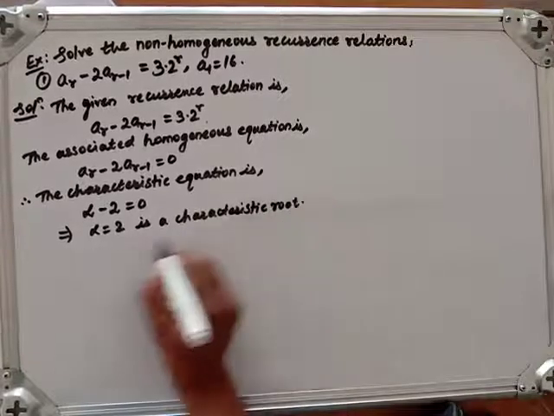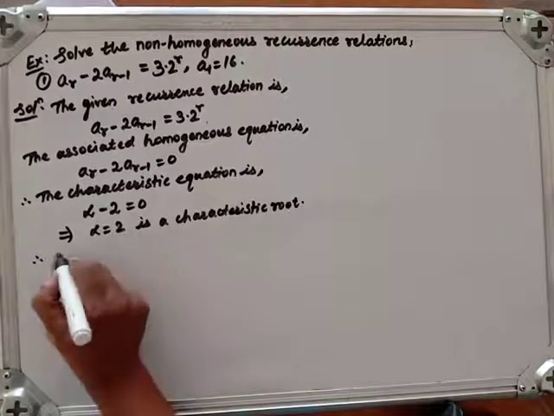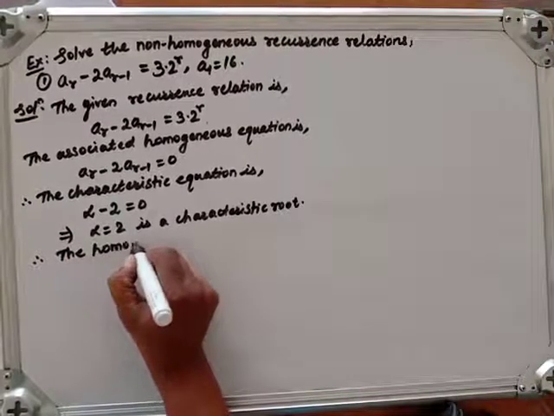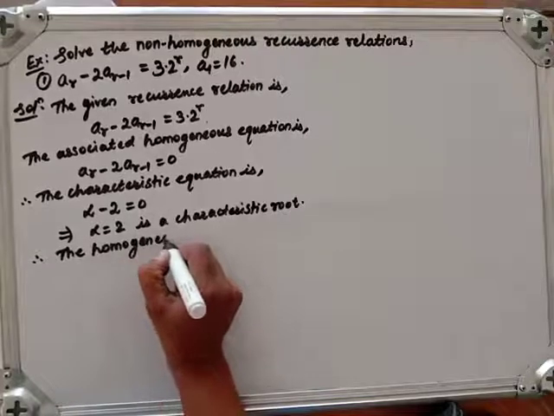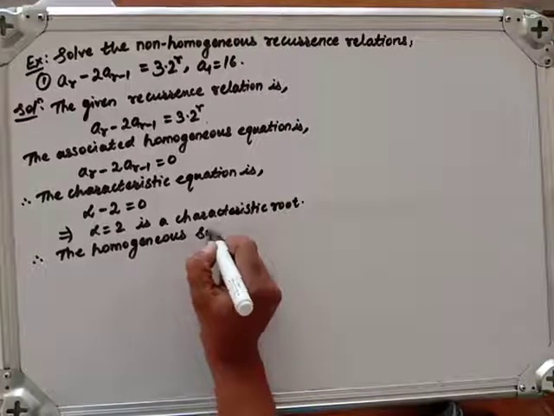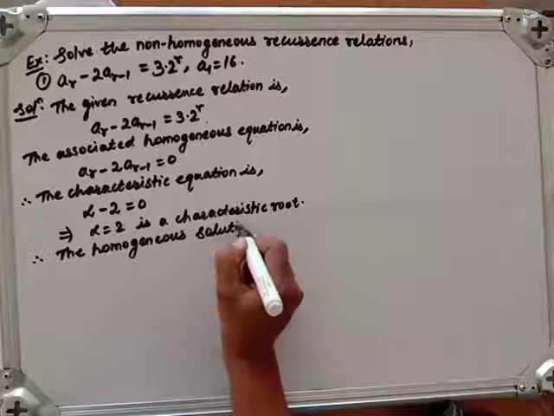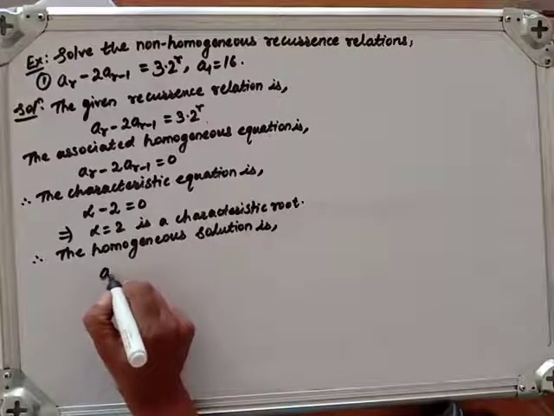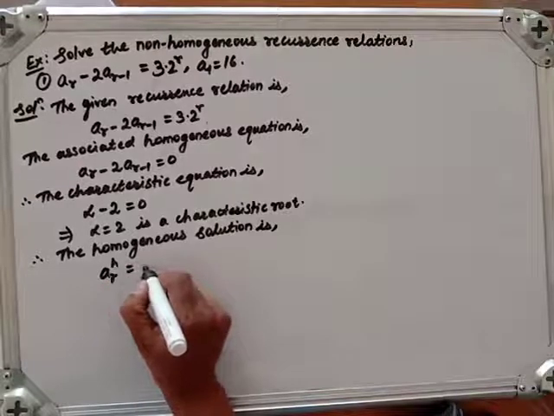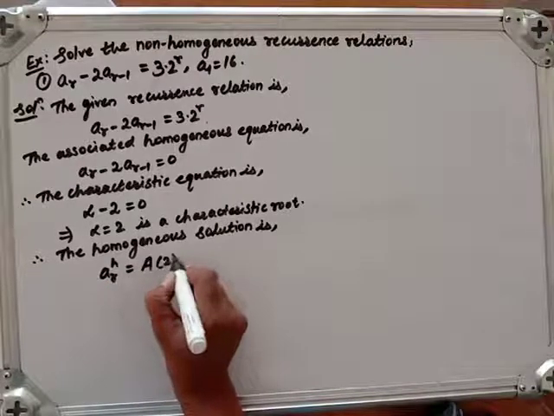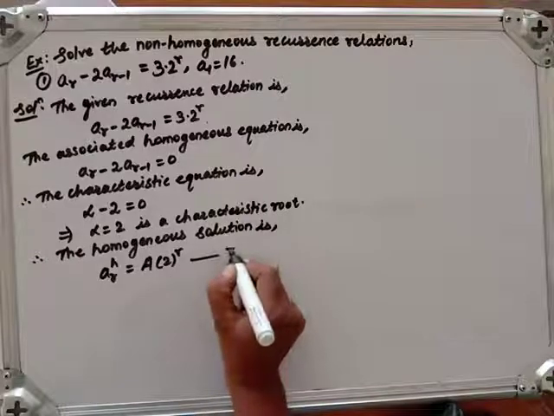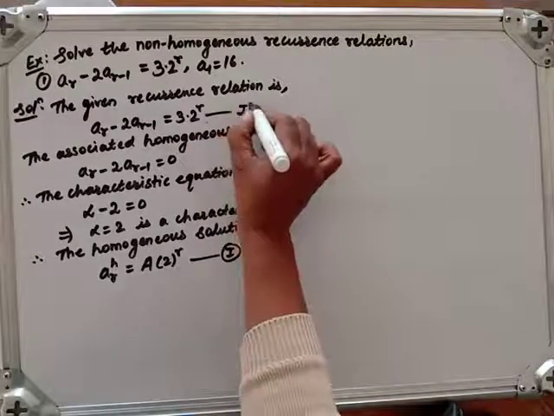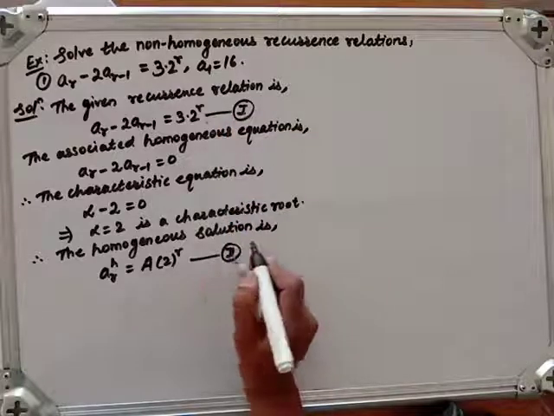Now as this is the characteristic root, the homogeneous solution is a_r^h is equal to A into 2 raised to r. Let it be equation number 1.